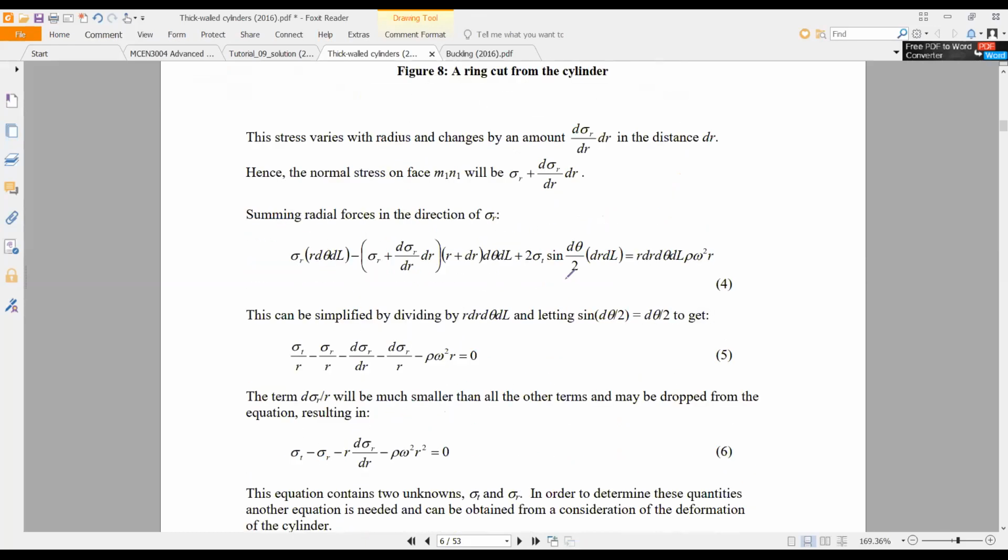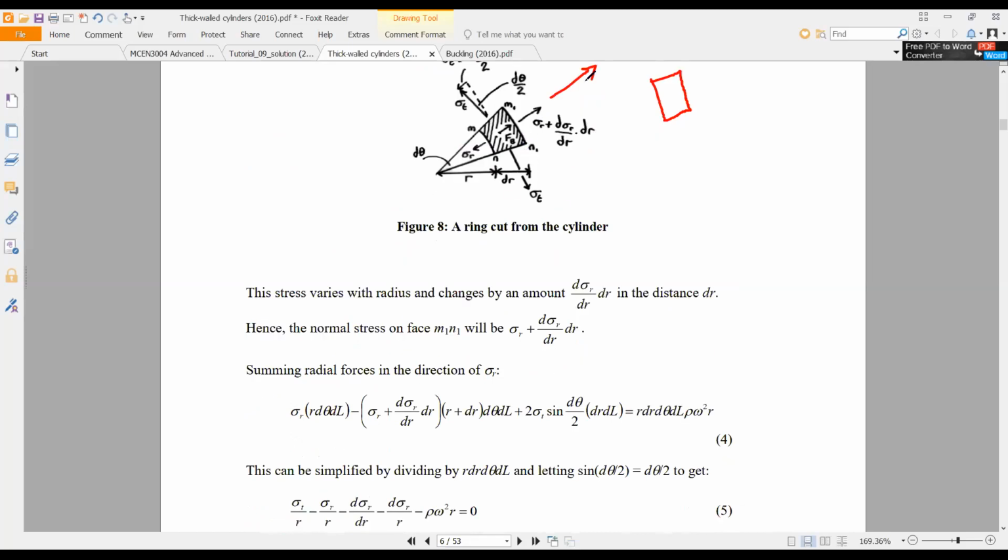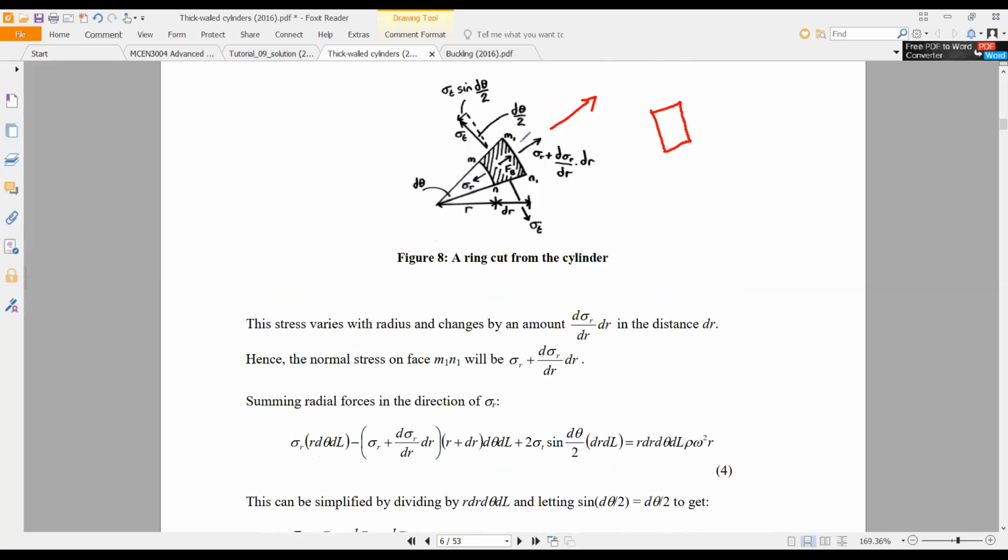And then this is the force balance. Okay, so radial forces in this direction. So in this direction there is a sigma r. This is the area. Okay, this part explains the area.